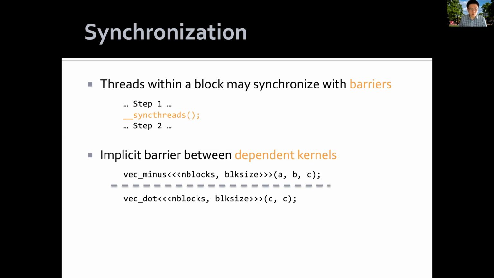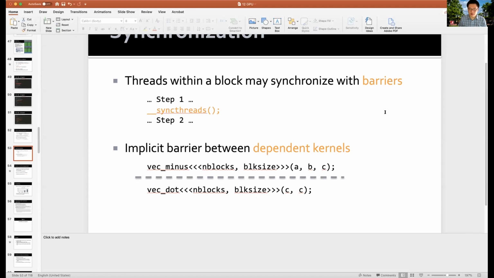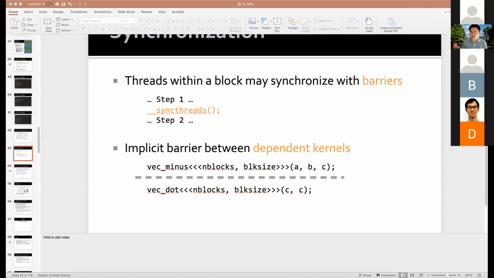It's not possible. If you want to synchronize across the blocks, you have to divide your code or kernel into two halves, right? First half and second half. And between these two halves, you would have some forced synchronization across the different blocks. Okay, so this is a key idea about how to do synchronization.